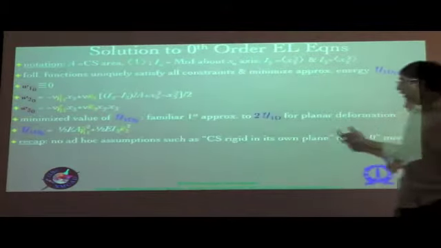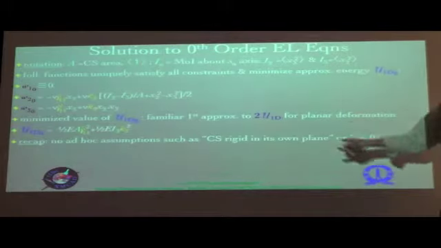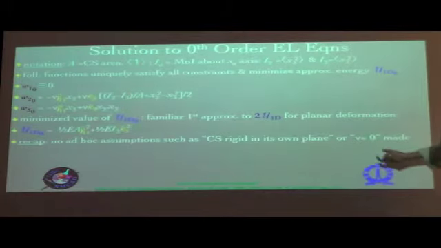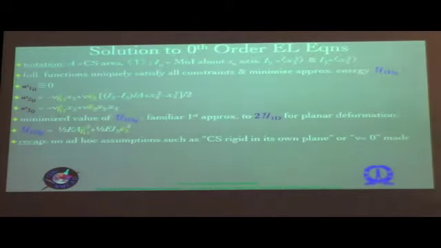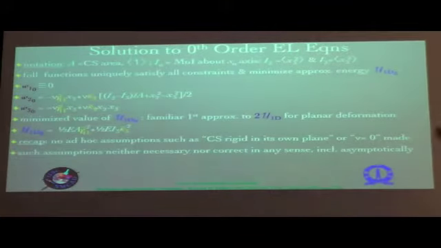So without saying so, that is kind of inherently assumed in some derivations, and that's how they end up getting that result. Such assumptions are neither necessary nor correct in any sense, including asymptotically.